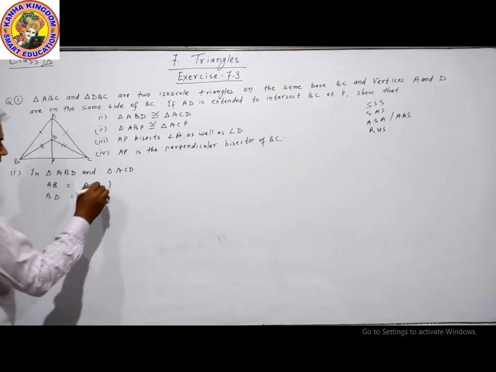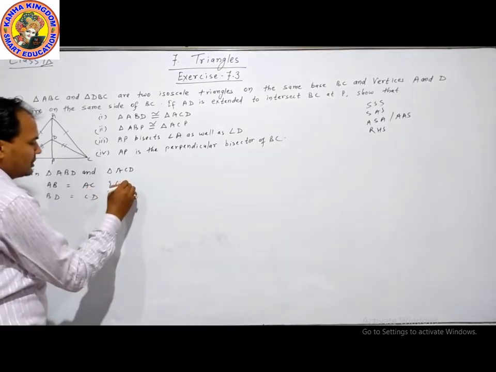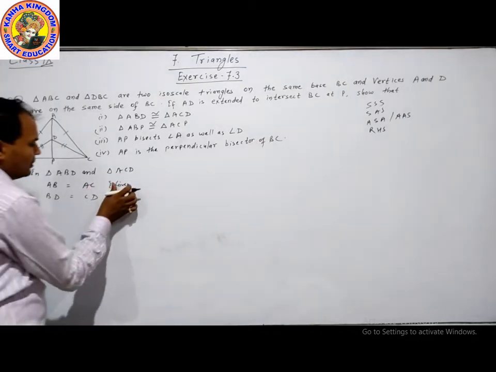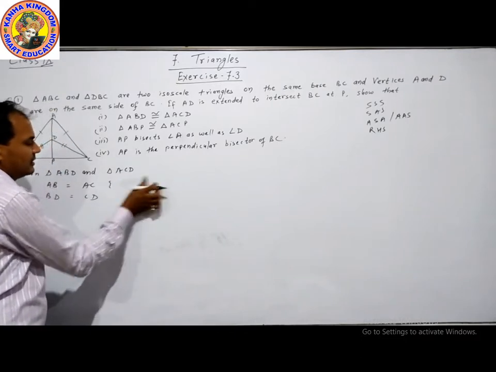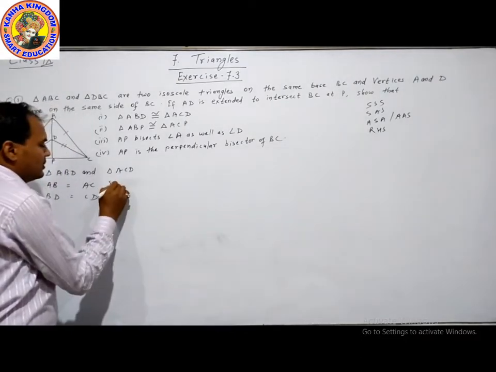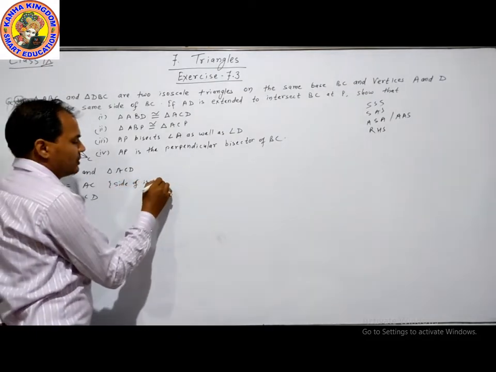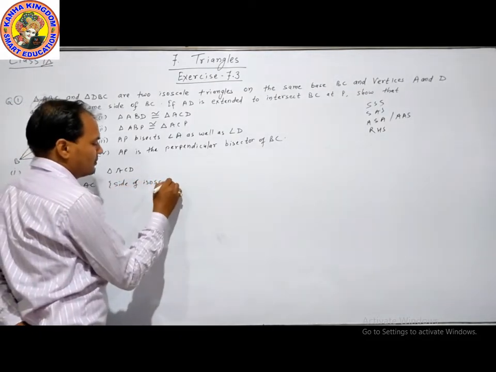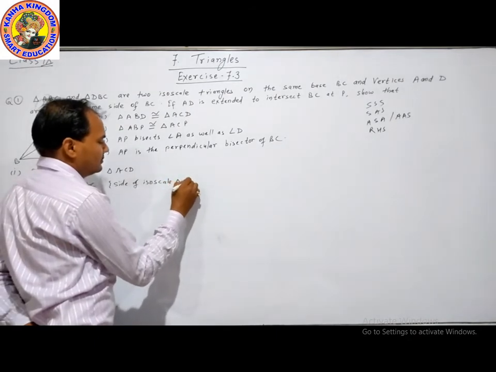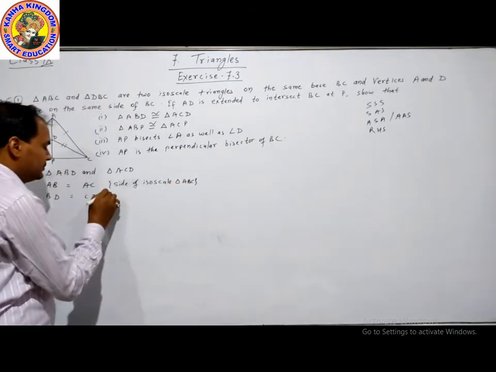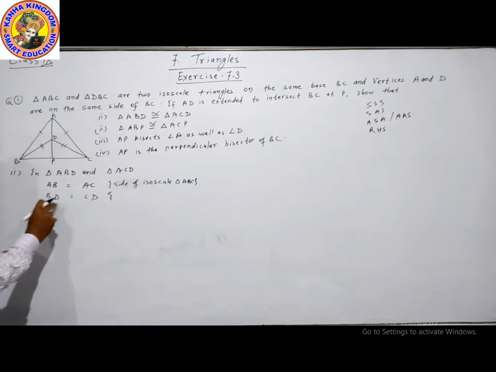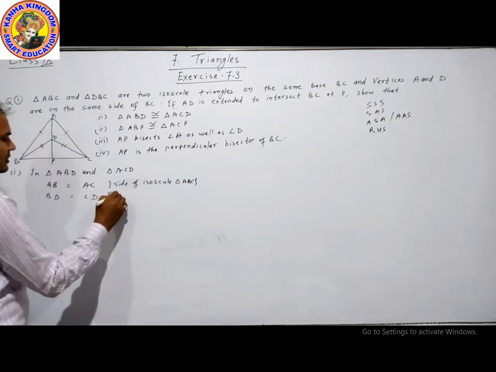Why? Given in the question, or we can say that sides of isosceles triangle ABC, BD and CD are equal.